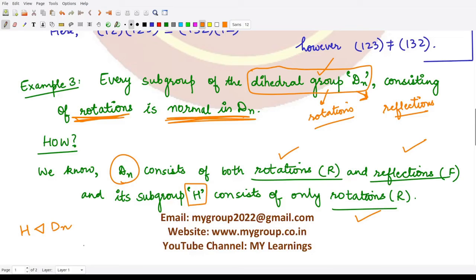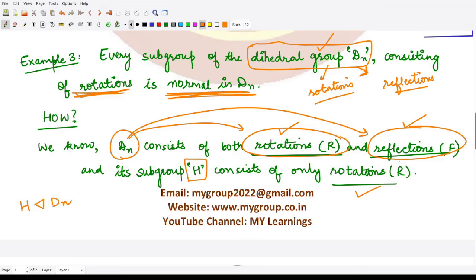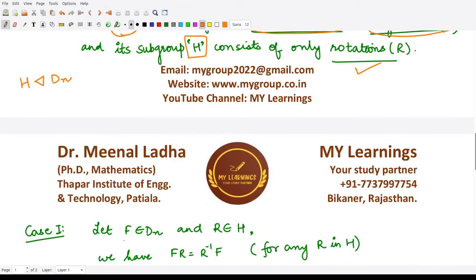Now we say this H is a normal subgroup of Dn. Let's see how. Here we have two possibilities, either a rotation or a reflection. If we take some element, it would be either a rotation or a reflection. Let's discuss both cases. First, let's take an element F which is a reflection from Dn.